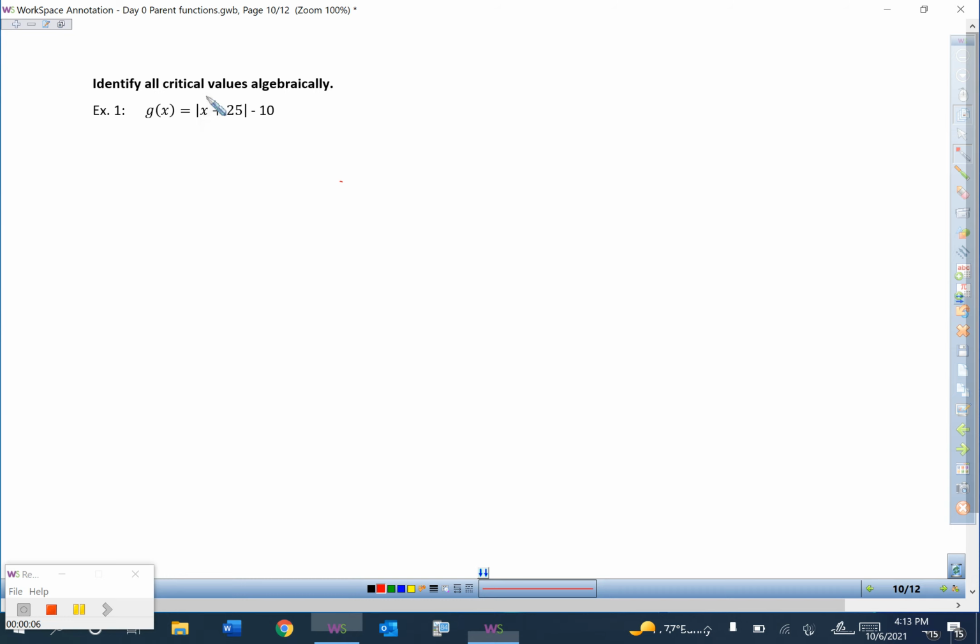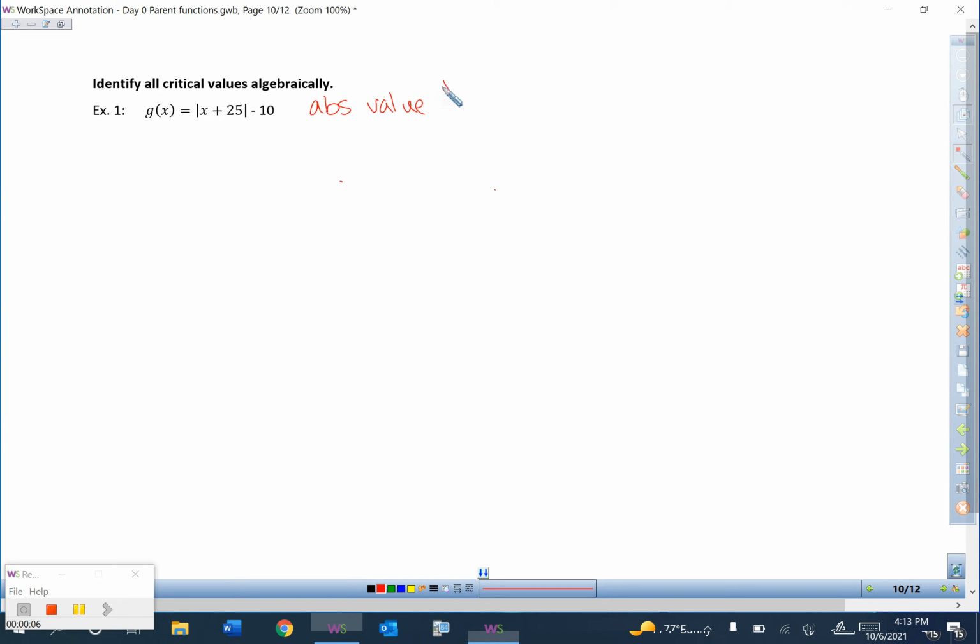So first up, you'll see the grouping symbols here are these brackets. So this is an absolute value parent function. Usually we see the absolute value of x, and we're seeing a plus 25 inside and a minus 10 on the outside. The other thing I want you to do just to the side here is draw the shape that you remember from what we just did.